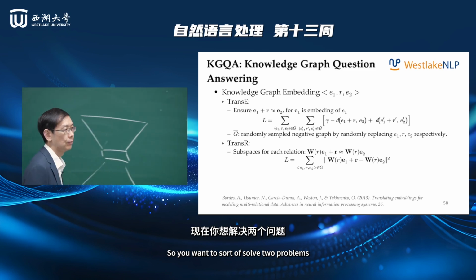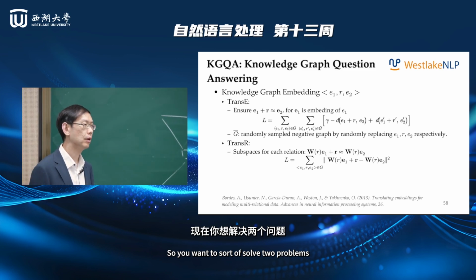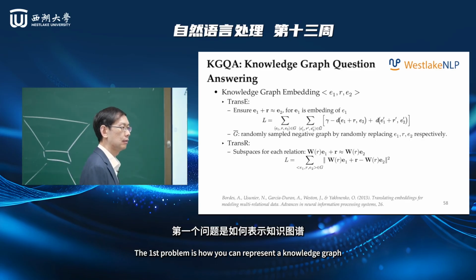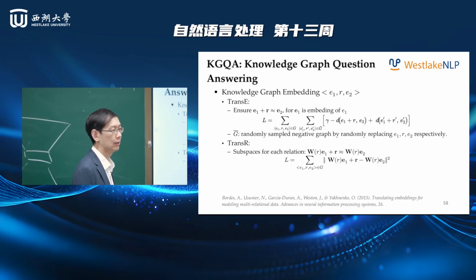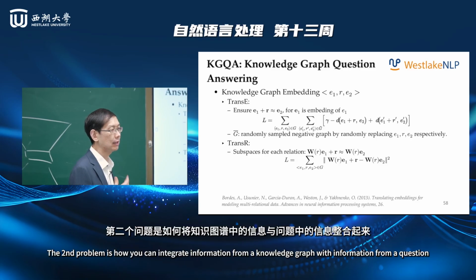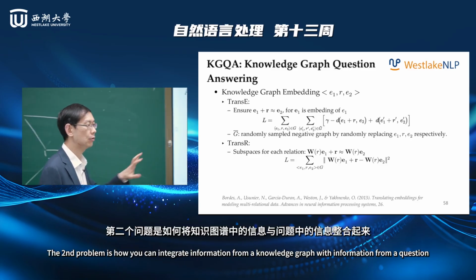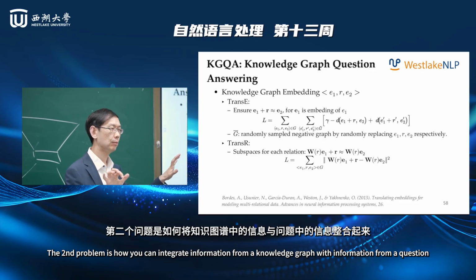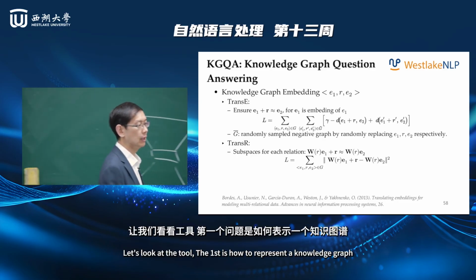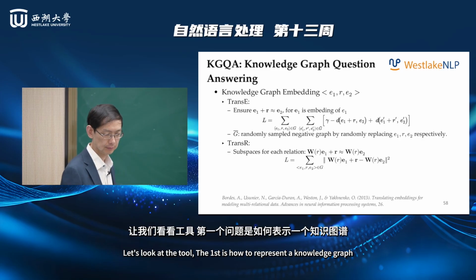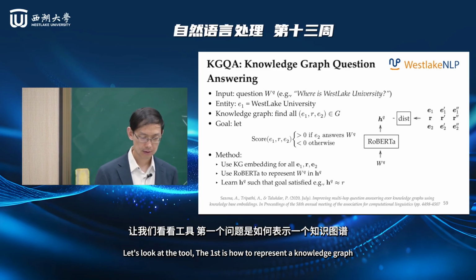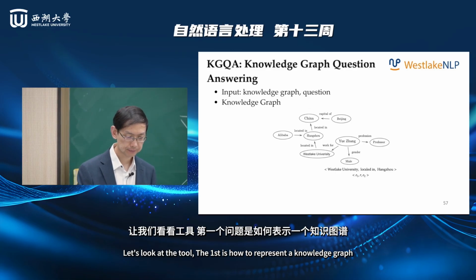So, you want to solve 2 problems. The first problem is how you can represent a knowledge graph. The second problem is how you can integrate information from a knowledge graph with information from a question. Let's look at the 2. The first is how to represent a knowledge graph.